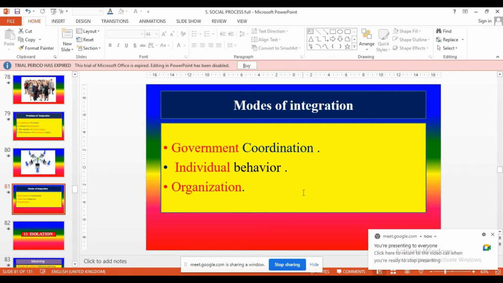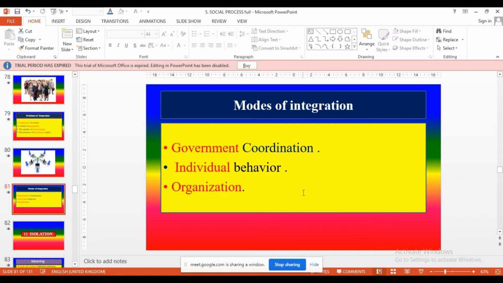Third one, organization. Organization is mainly a concern of organizational studies. Integration between the departments, for example, a hospital as an organization, a social organization. Coordinate every department, for example, medical and surgical coordinate with pediatrics, maternal health, mental health, as well as child health.